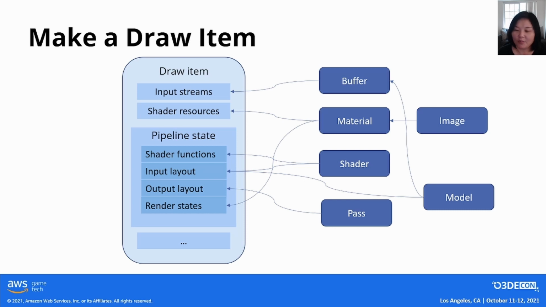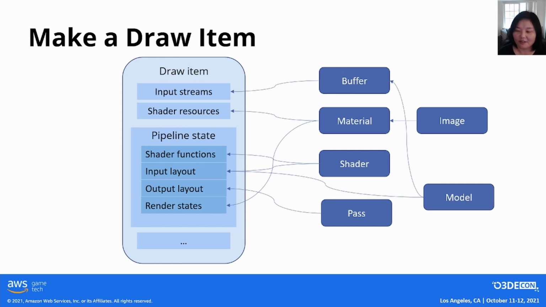To construct a pipeline state, it needs some information which includes shader functions, input layout, output layout, and the render states. The buffer data, which usually comes from the model, provides data for input streams. The material provides data for shader resources. It also provides render states for the pipeline state.